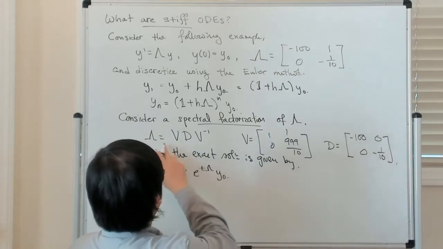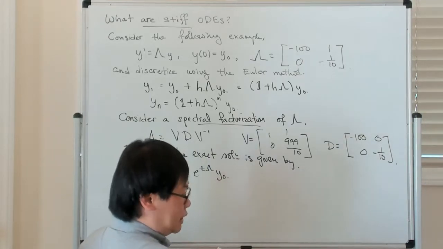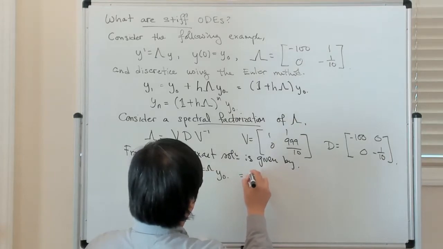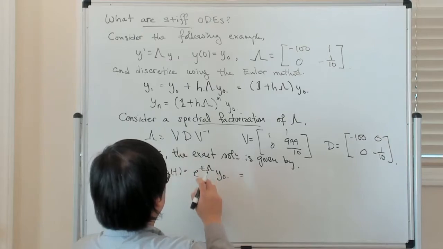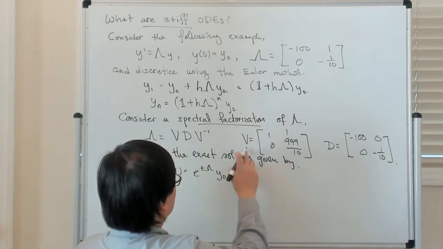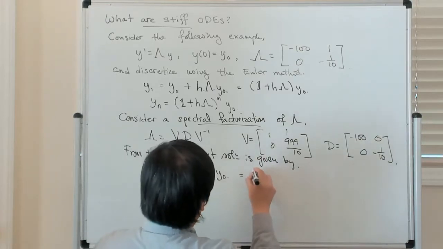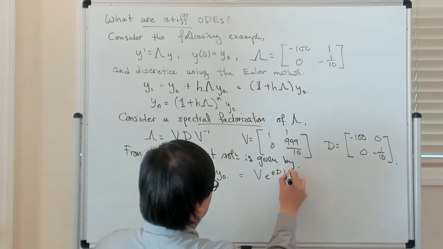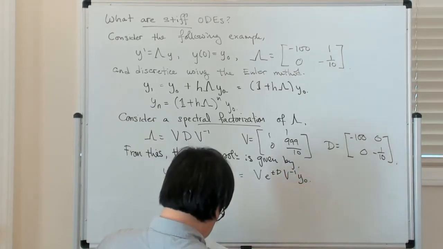What happens is that when you do this spectral factorization, this exponential is easy to compute. It just looks like the conjugation of the exponential of the diagonal matrix, where the conjugation is by this matrix V. So you get V e to the tD V inverse times y0.